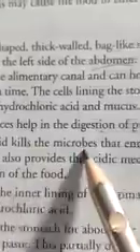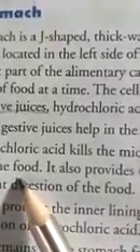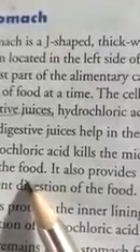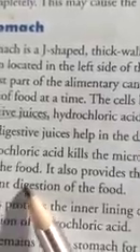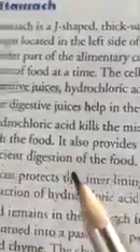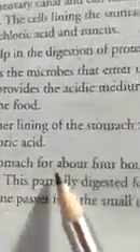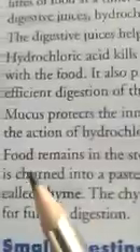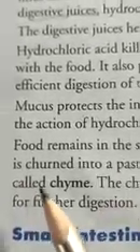Hydrochloric acid kills the many harmful microbes and bacteria that enter the body with the food, and it makes the medium in the stomach acidic, which enhances the action of digestive enzymes. Food remains in the stomach for about 4 hours and is churned into a paste. This partially digested food is called chyme.